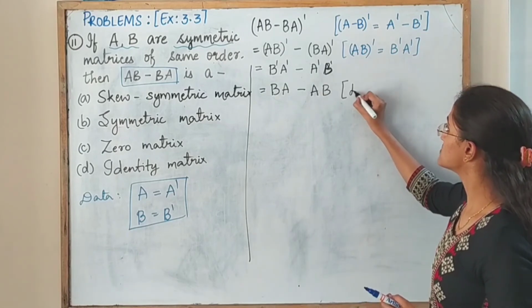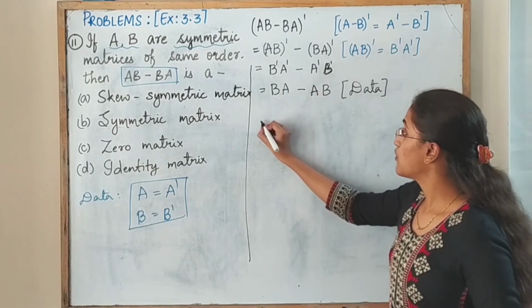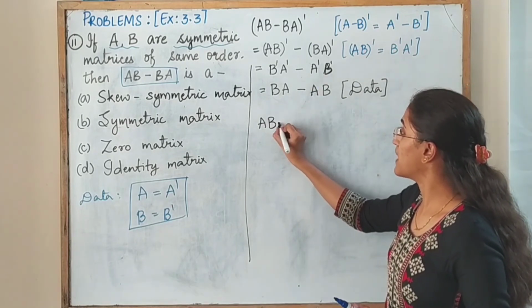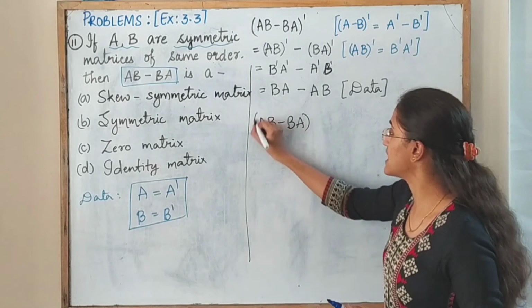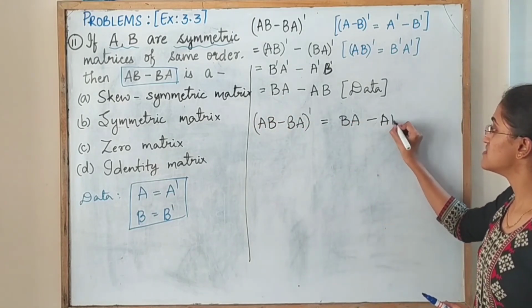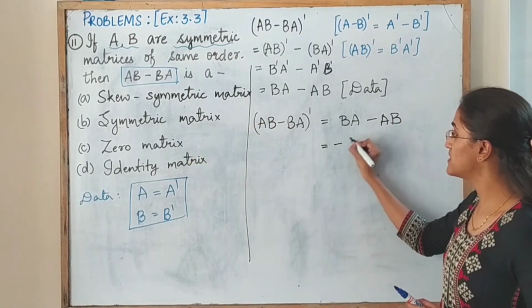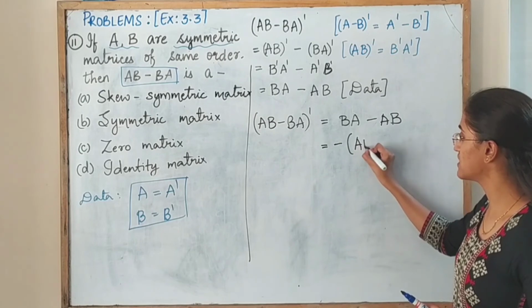This is because we have this by the data, and hence we have (AB minus BA)' is equal to BA minus AB, which is certainly not a symmetric matrix. We shall now take minus common and check.